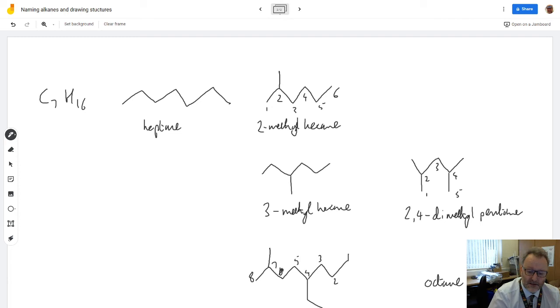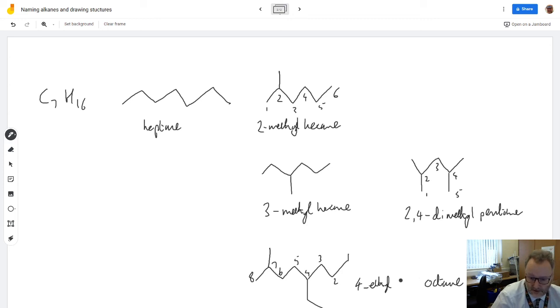So you might think this one you'd do 2 methyl, 1, 2, 3, 4, 5 ethyl octane, but you'd actually go 4, 5, 6, 7 methyl. So this one would be 4 ethyl. Ethyl comes before methyl because it's alphabetical.